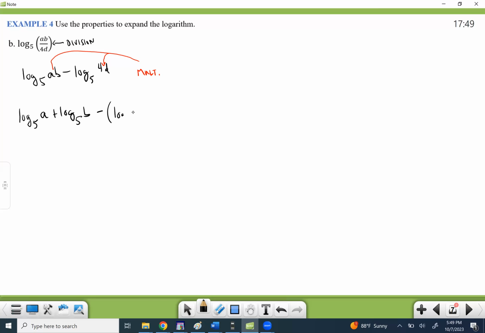So we've got log base 5 of 4 plus log base 5 of D. Now, when that negative distributes in, it's actually going to change the sign on that last log.